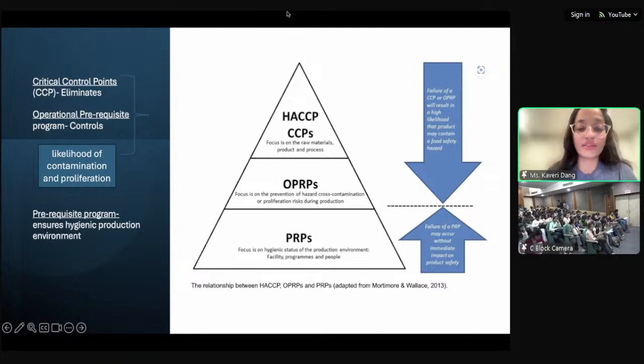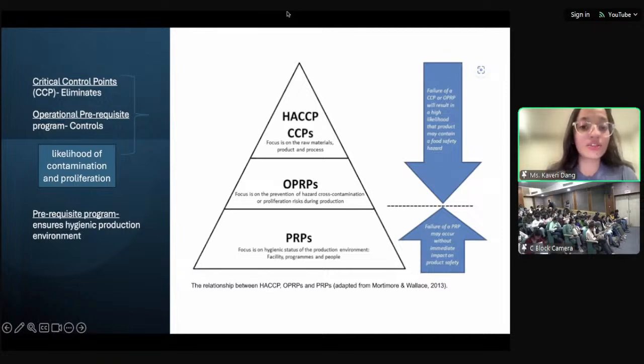And this one on your right side of the screen is like a small figure that shows all of these three terms and how they are interlinked with each other. So, first, you have HACCP and CCPs. In that section, the focus is on the raw materials, products, and processes. The next one is OPRPs, which are operational prerequisite programs.